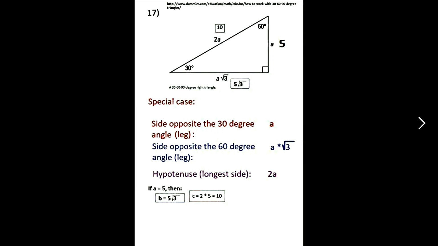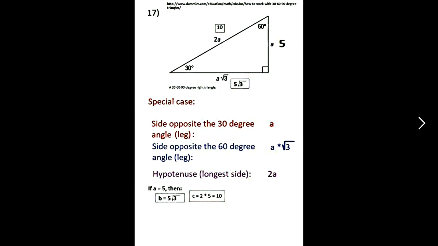The dimensions here, that's me looking in the book, are in centimeters. So that's our answer. The hypotenuse is 10 centimeters. The leg we normally call B is 5 times the square root of 3 centimeters. And then we have A, which is 5 centimeters. You guys can read more about 30-60 degree right triangles whenever you like.